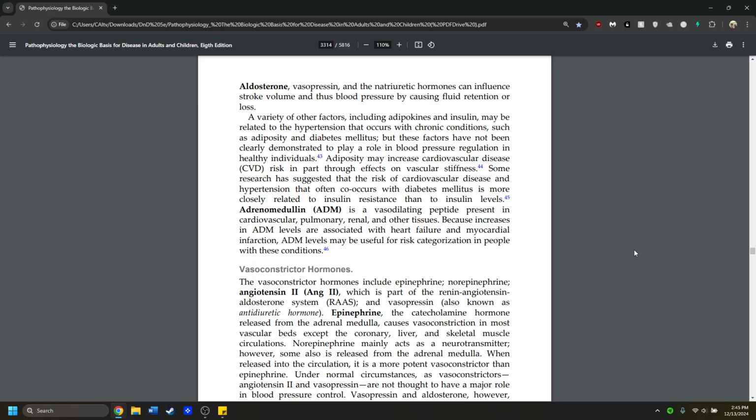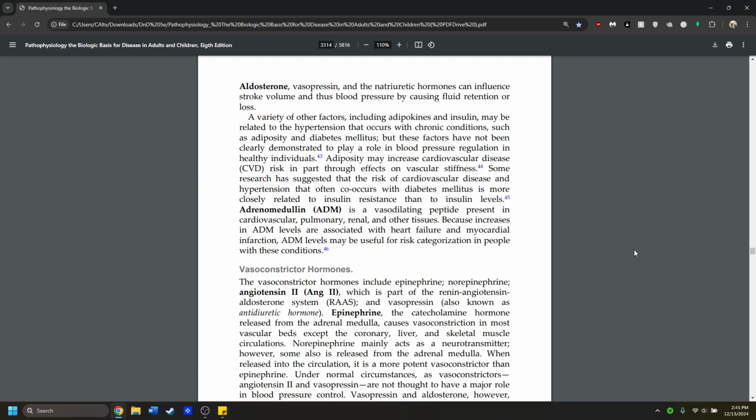Aldosterone, vasopressin, and natriuretic hormone can influence stroke volume and thus blood pressure by causing fluid retention or loss. A variety of factors, including adipokines and insulin, may be related to the hypertension that occurs with chronic conditions, such as adiposity and diabetes mellitus.